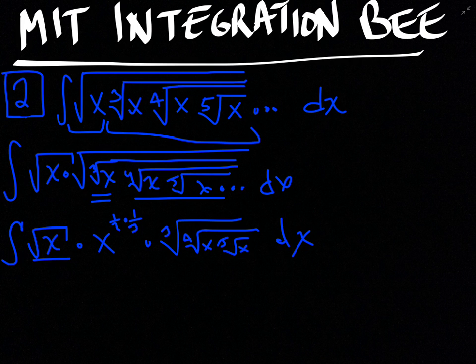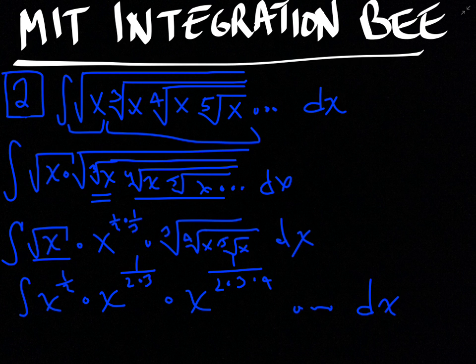We write that term as x to the 1/2. And if we keep doing this, we will end up with x to the 1/2 times x to the 1/2 times 3 times x to the 1/2 times 3 times 4, right? And that just keeps going, and so on.